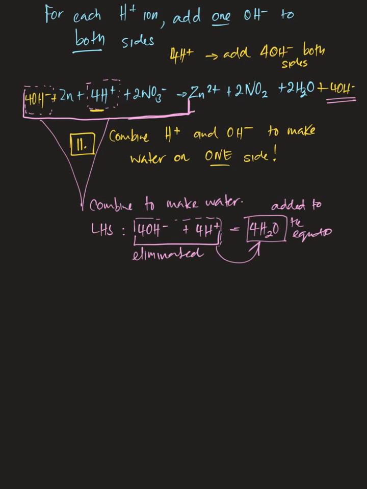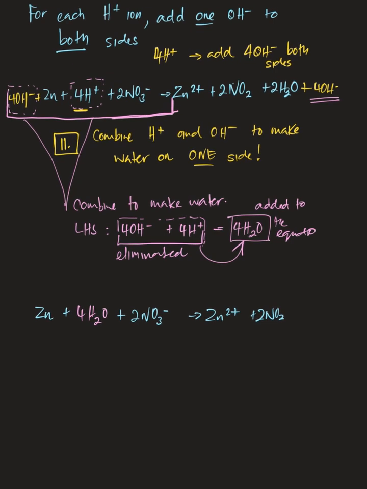So now I'm left with Zn plus 4H2O, there we go, added it in, plus 2NO3 minus gives me Zn2 plus 2NO2 plus 2H2O plus 4OH minus.